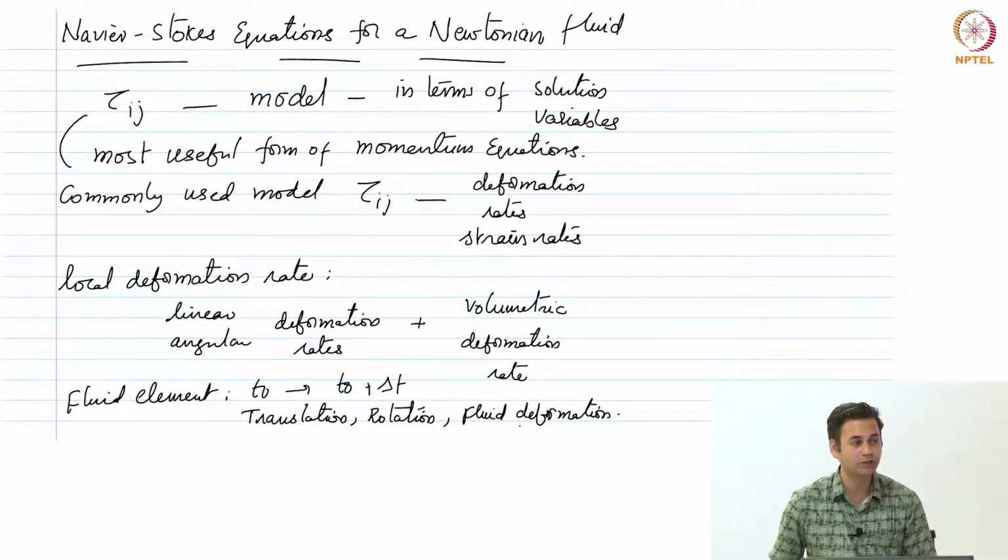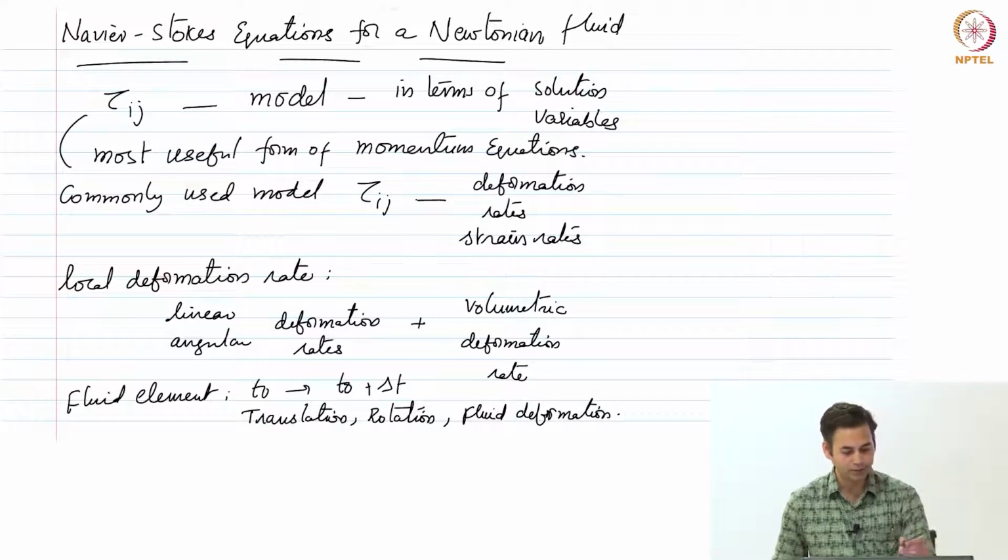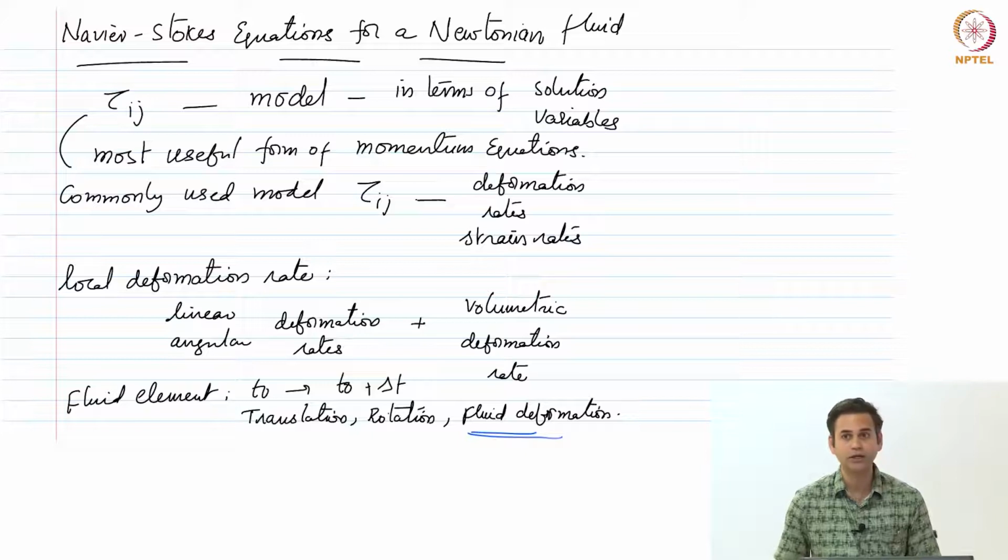And this fluid deformation would be again composed of two components: one is angular deformation, and the other is volumetric deformation. So essentially you have all these four. We are only looking at the latter part, which is the fluid deformation, the angular and the volumetric deformations, because the other two do not come into the picture in modeling the shear stresses that we have for a fluid, okay.